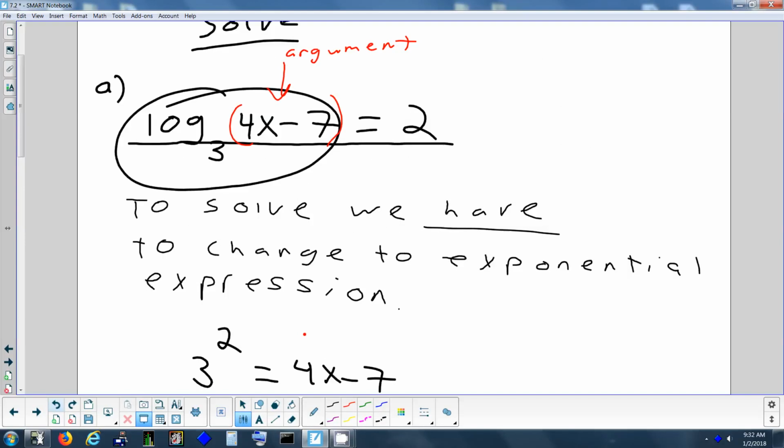And we've seen arguments all year. Sine of 45 degrees. That's the argument. It's the number that something's happening to. In this case, the sine is happening to it. In that case, the log is happening to it.